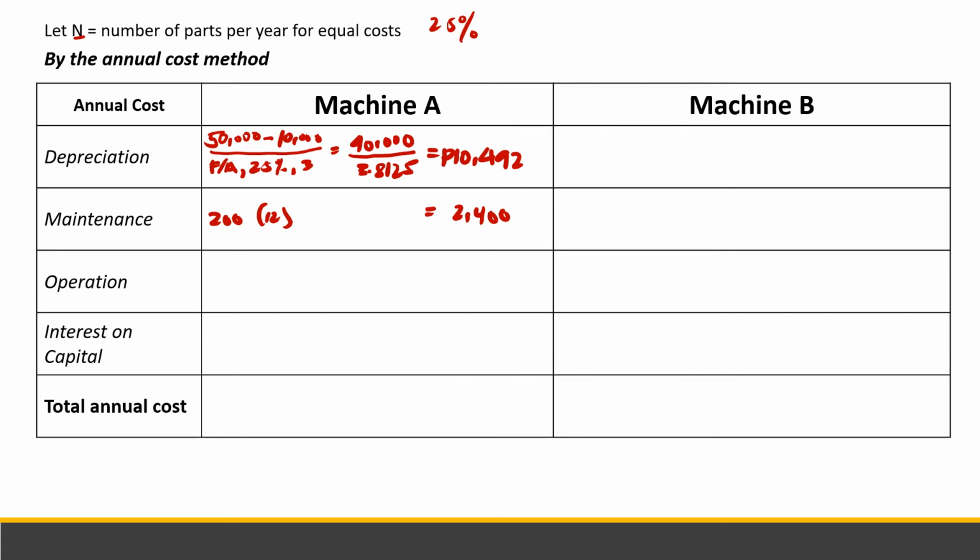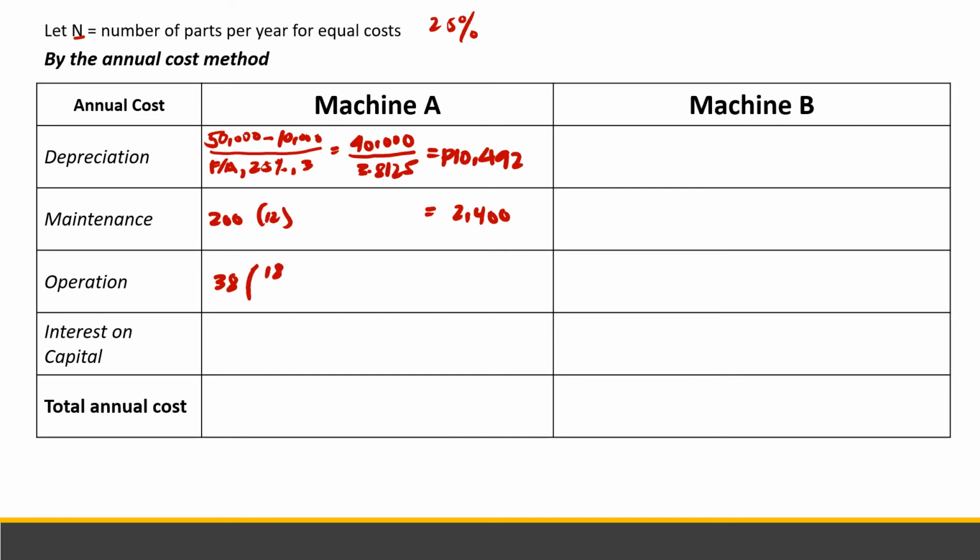So for operation, the cost for the operation for machine A is 38 pesos per hour. So per part, it is done in 18 seconds.